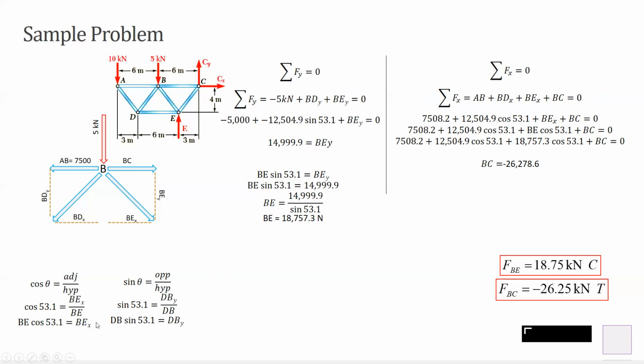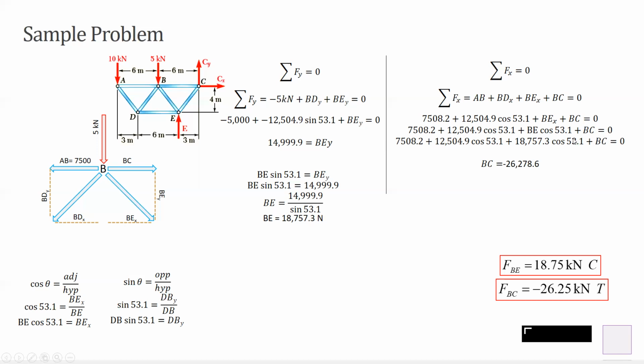So we know that BEX should just be 18,757.3 cosine 53.1. So we can just plug that in and we get that. We get a whole string of numbers, and we plug in everything. That's a lot of numbers, but realize that's just adding plus, plus, plus, multiplying by cosine 53, is equal to BC.